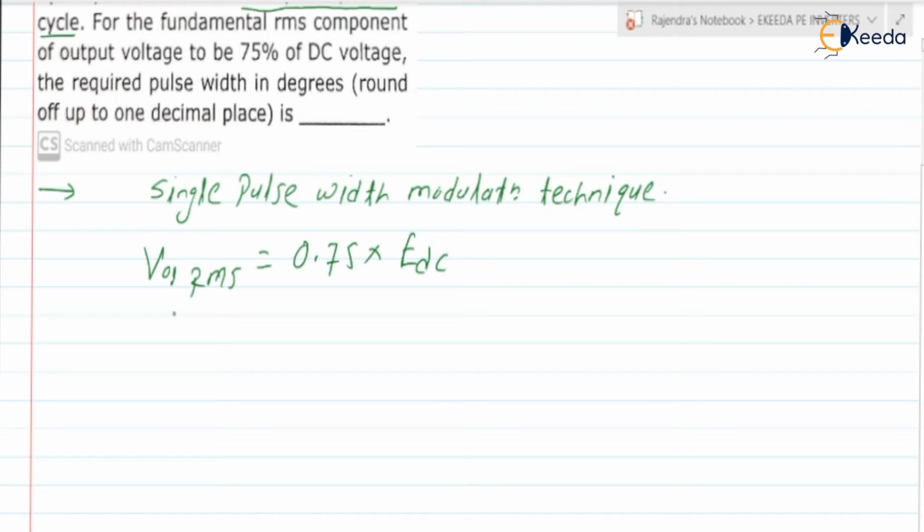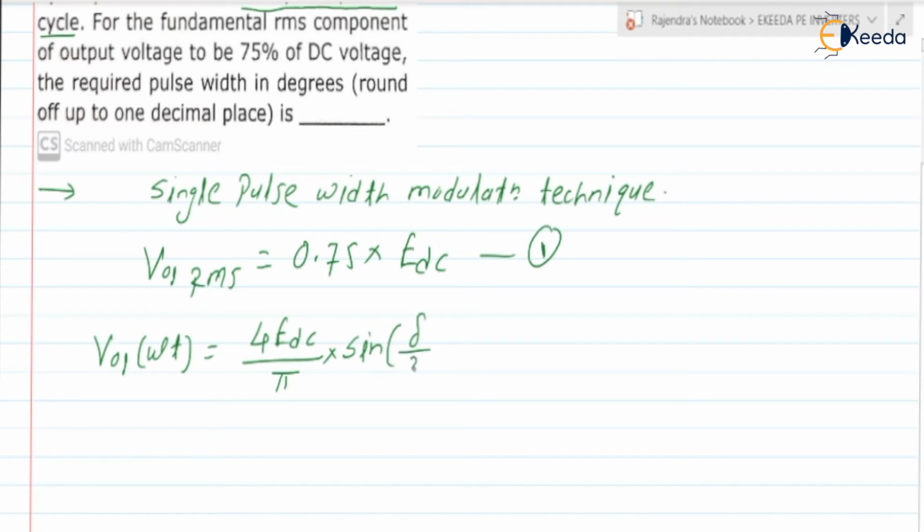So can we find V01 RMS? Let us consider it as equation 1. As we know, for single pulse width modulation technique, V01 of omega t is equal to 4 EDC by pi, into sine of delta by 2, into sine of omega t.